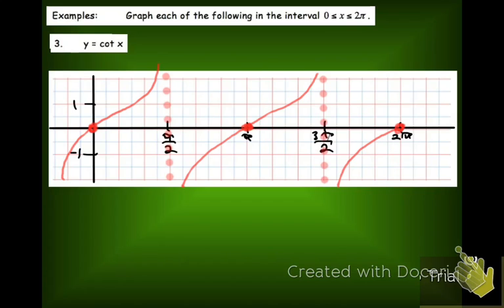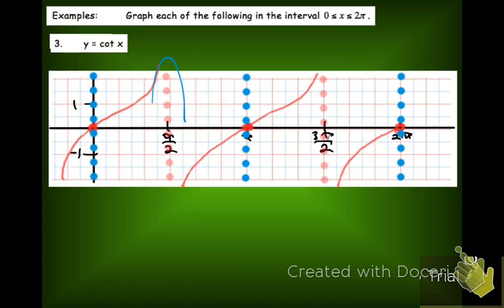So now our new asymptotes, let's pick a different color. Let's do blue. So our new asymptotes now are going to be at 0, pi, and 2 pi. And our curves are actually going to be going in the opposite direction. And anytime that the function is undefined, that actually becomes a place where the graph equals 0.